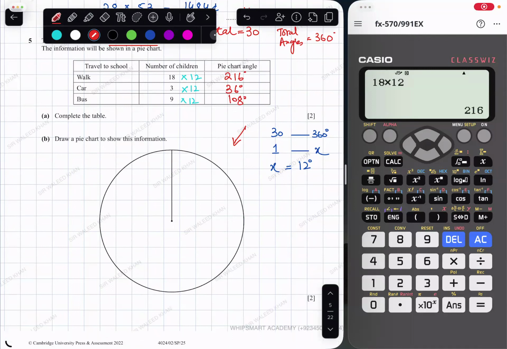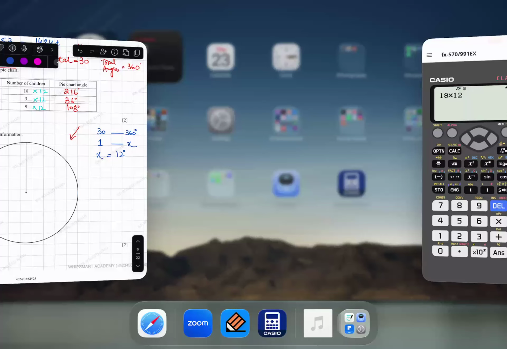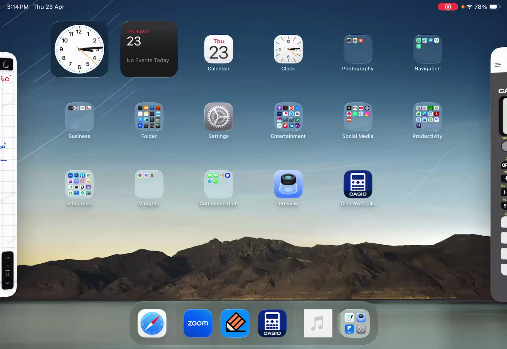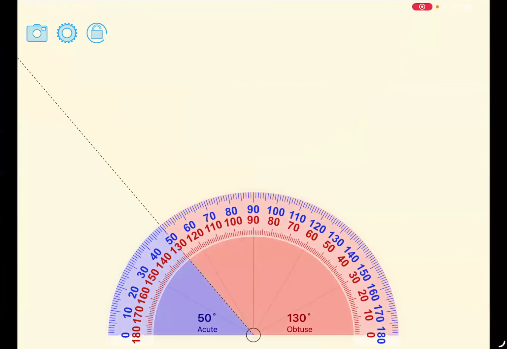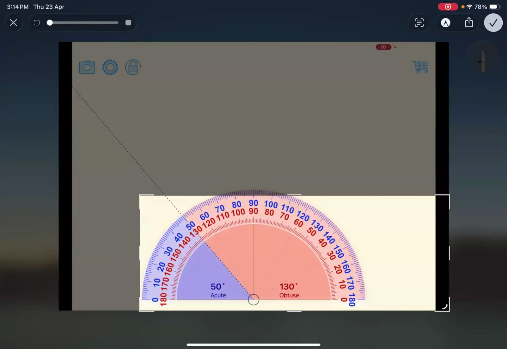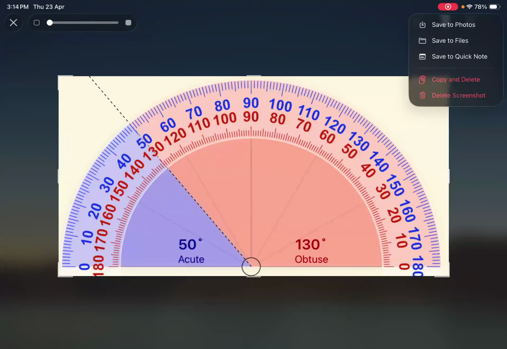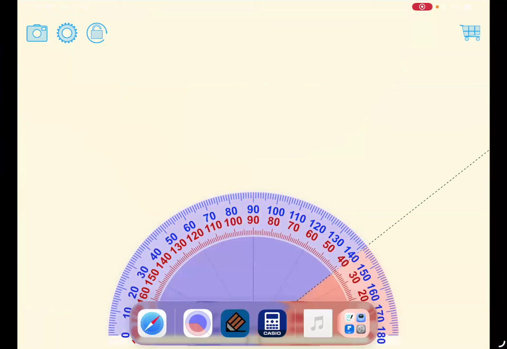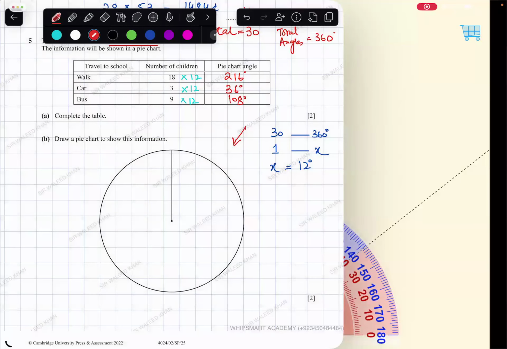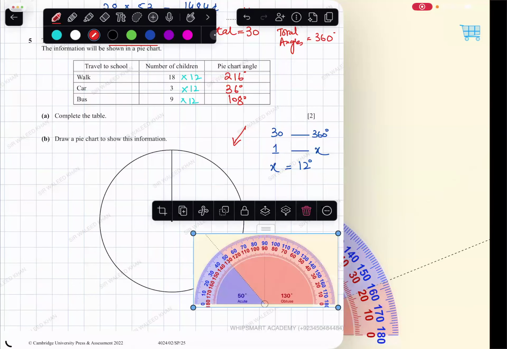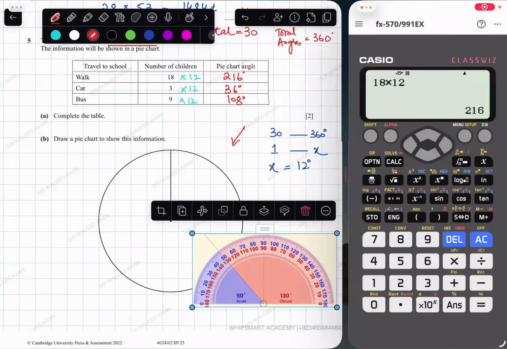So use a protractor to draw the angle. For those who struggle with that, let me show that. Okay.